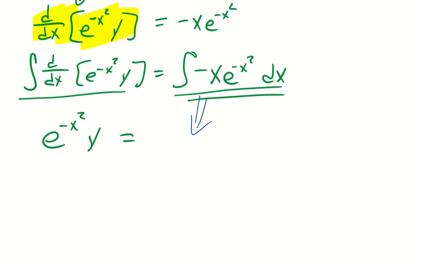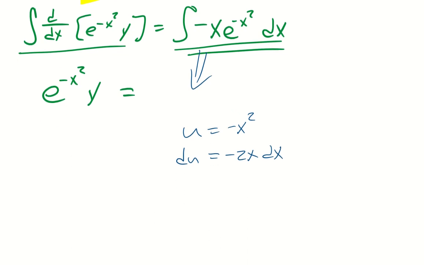So we can say that u is equal to minus x squared, which is great because obviously we have this x here, we have this minus here, so that's definitely going to be handy. du, the derivative, is equal to minus 2x dx. So right now, you can think of it this way: we have minus x e to the u dx. So we have this minus x, we have this dx.